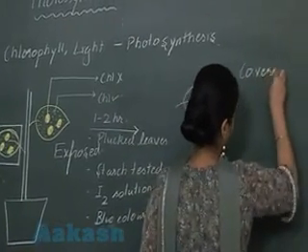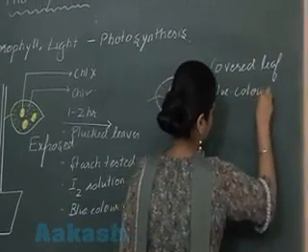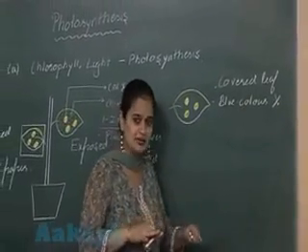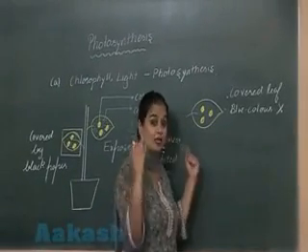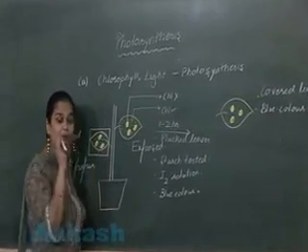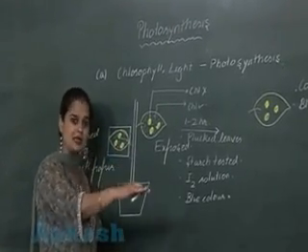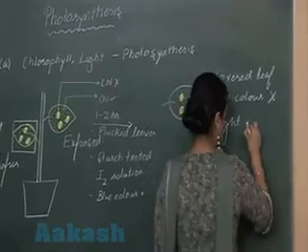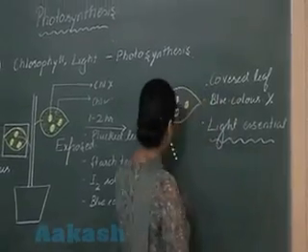So in the covered leaf, blue color is absent, तो इट मीन्स यहाँ पर इस लीफ के अंदर फोटोसिंथेसिस नहीं हुआ है, because what is the difference between this and this leaf? This leaf is covered with the help of a black paper, जिसकी वजह से this leaf was not able to get the sunlight. So it means we can say that from this experiment that light is essential for the process of photosynthesis. Right? Now coming to the second leaf.